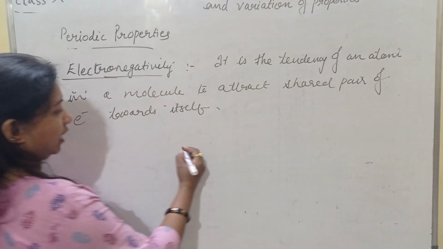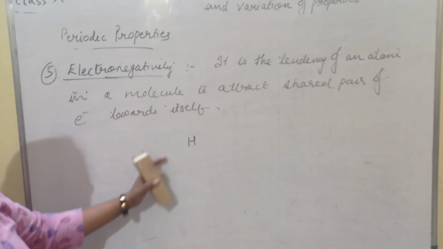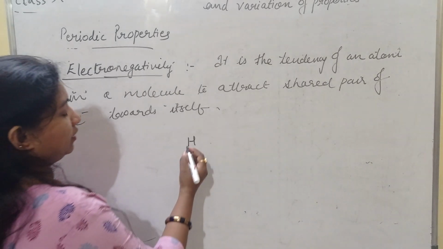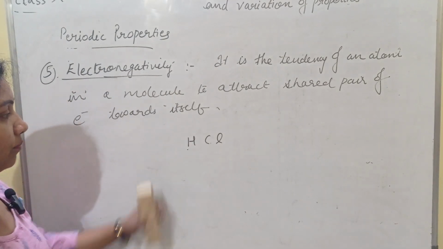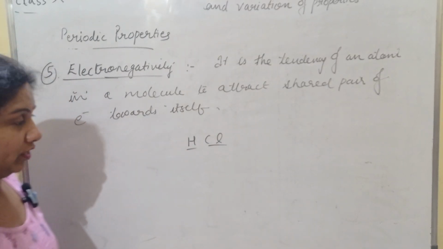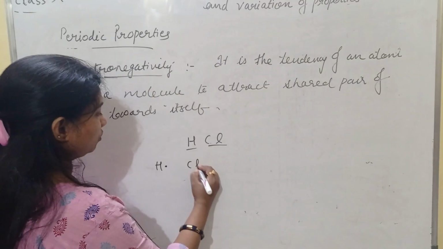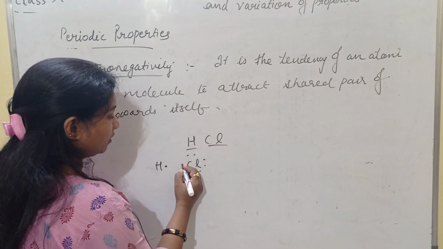So here just take example, suppose HCl molecule, means the compound that is formed by the combination of two or more elements. They form molecule like HCl. We all know it is hydrochloric acid formed by the combination of hydrogen and chlorine. Hydrogen has one electron in its outer shell. Chlorine has 7 electrons.